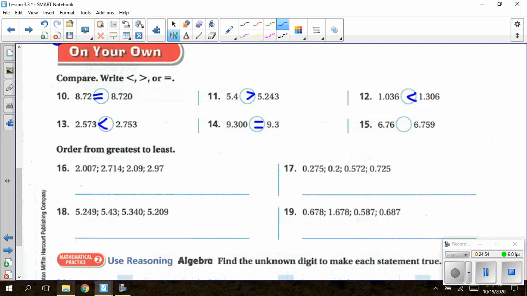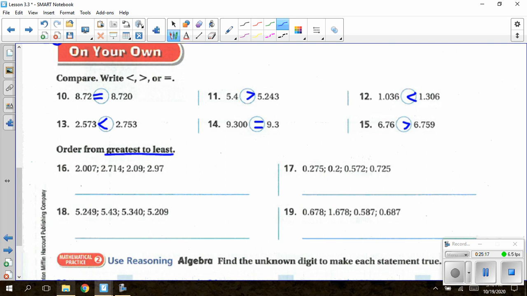Number 15, if I line up my decimals and look at their place values, I noticed that the hundredths digit is where they are first different, and 6 is greater than 5. For question number 16 through 19, you had to order from greatest to least.